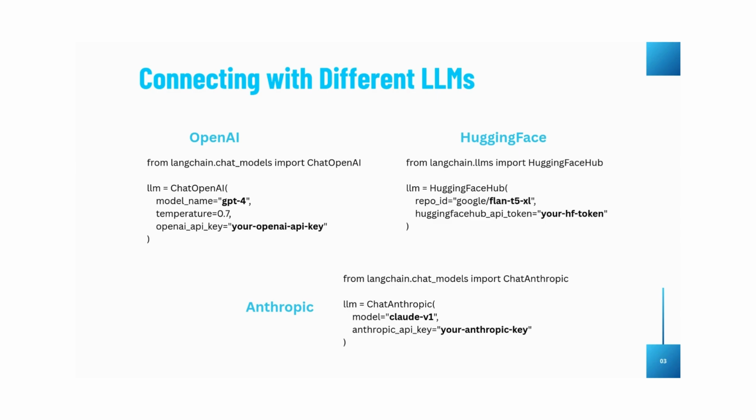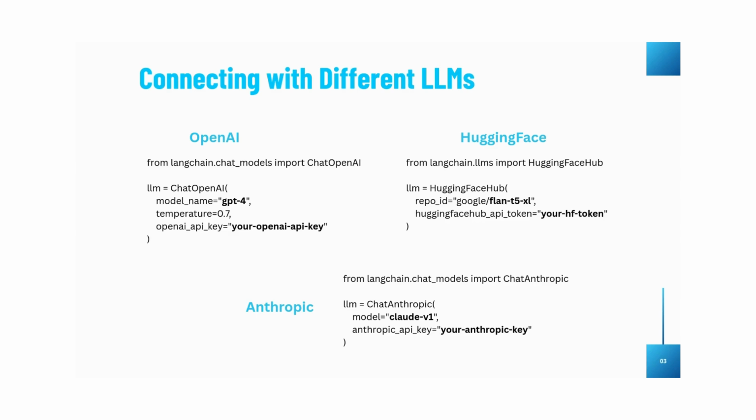You can see the model name Flan T5 and you need to pass the Hugging Face API token. To get the API token, you need to create your account in huggingface.co and create the API token. You need to copy paste the API token and pass it here. This lets you work with models like FLAN-T5, Bloom, or even your own fine-tuned models.